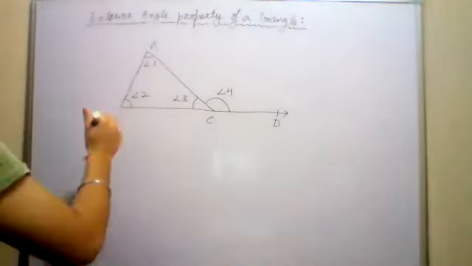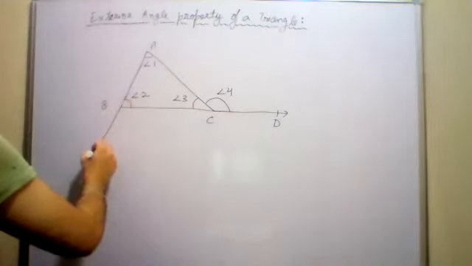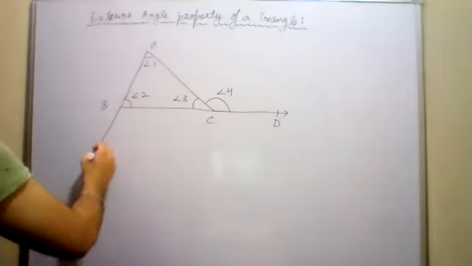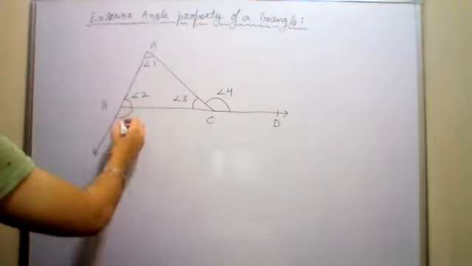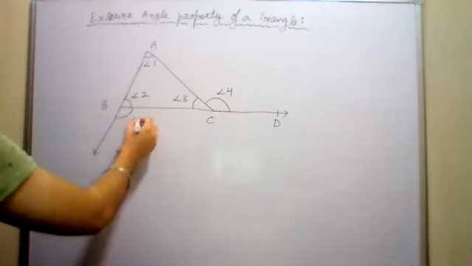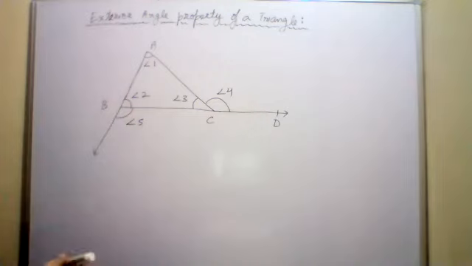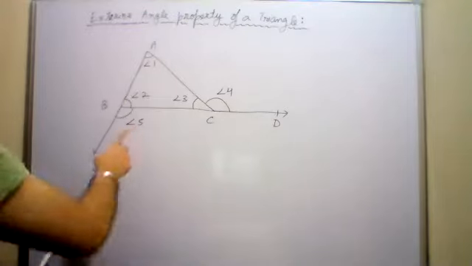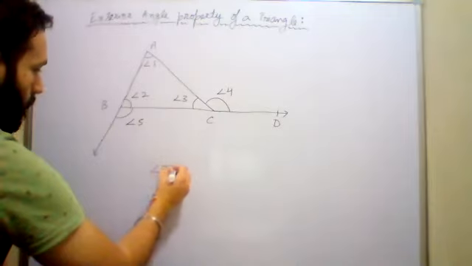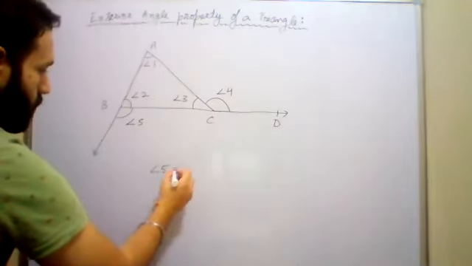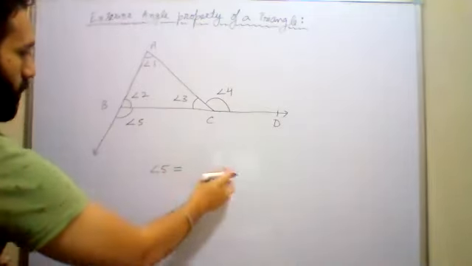This is B. If I produce AB, then you all know now that this is also an exterior angle. Let us name the angle as angle 5. Okay. So in the chat box, you all can tell me that angle 5 is equal to the sum of which two angles?